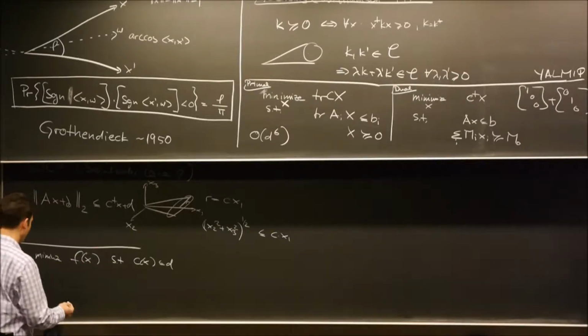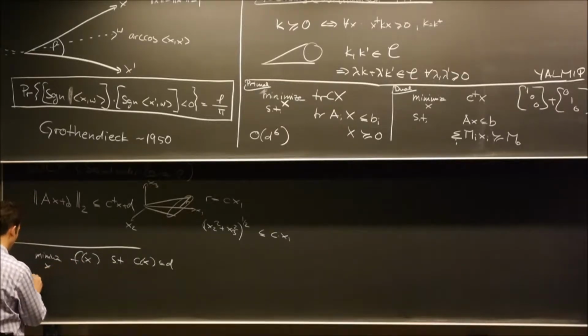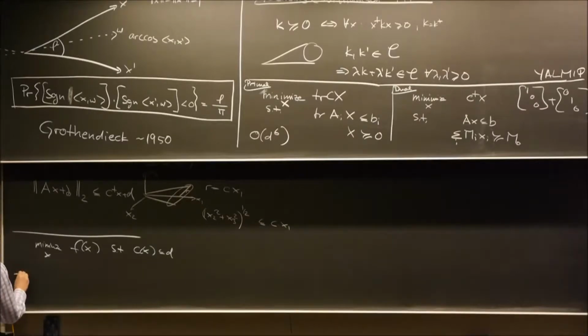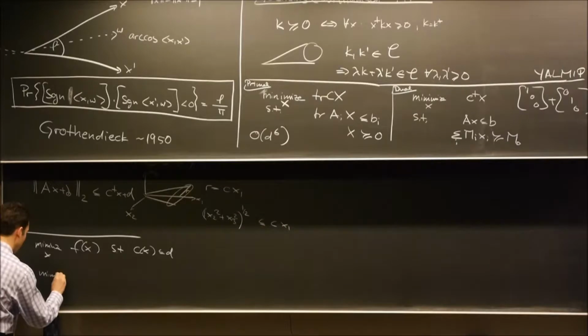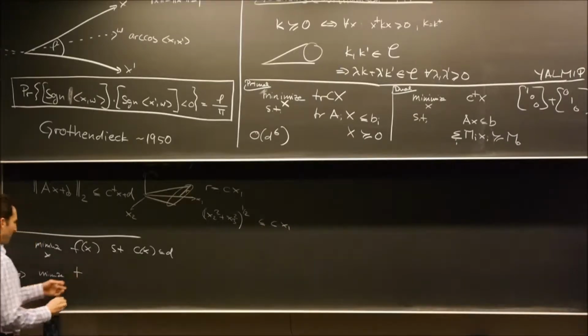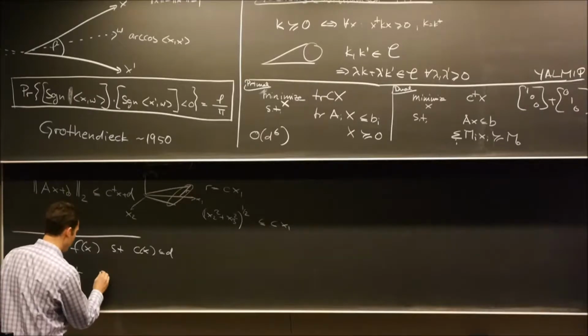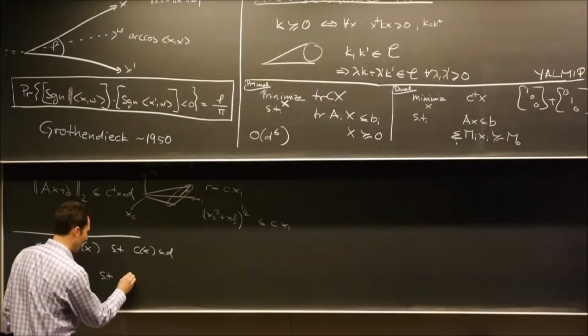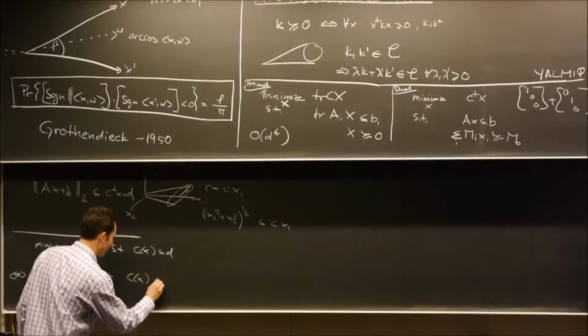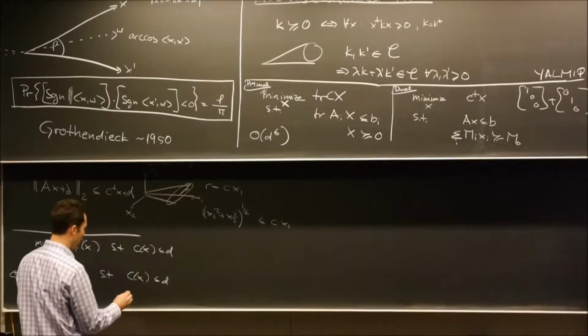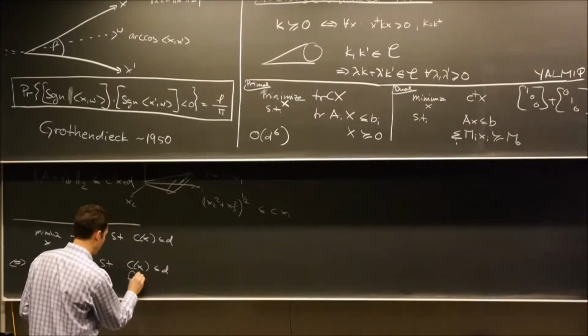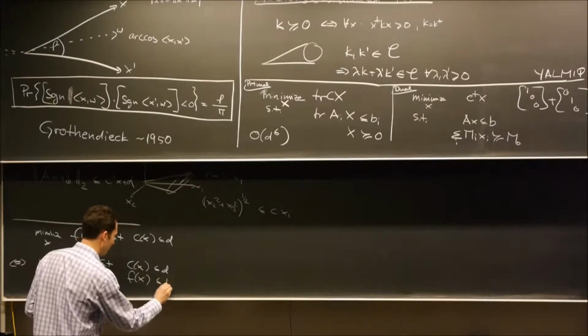Let's say I want to linearize this. I can make it equivalent to minimize over some variable t. So I'm adding a slack variable here, minimizing over x and t, subject to c of x less equal than d, and furthermore f of x less equal than t.